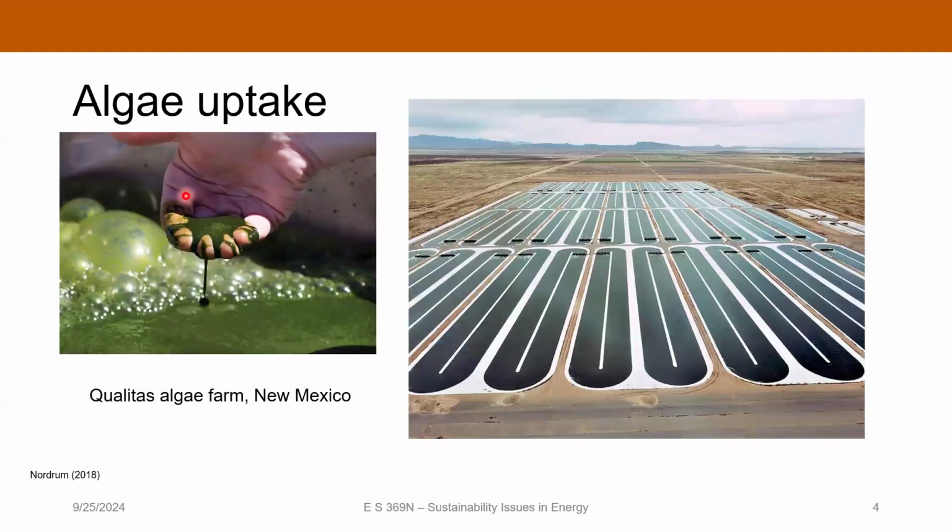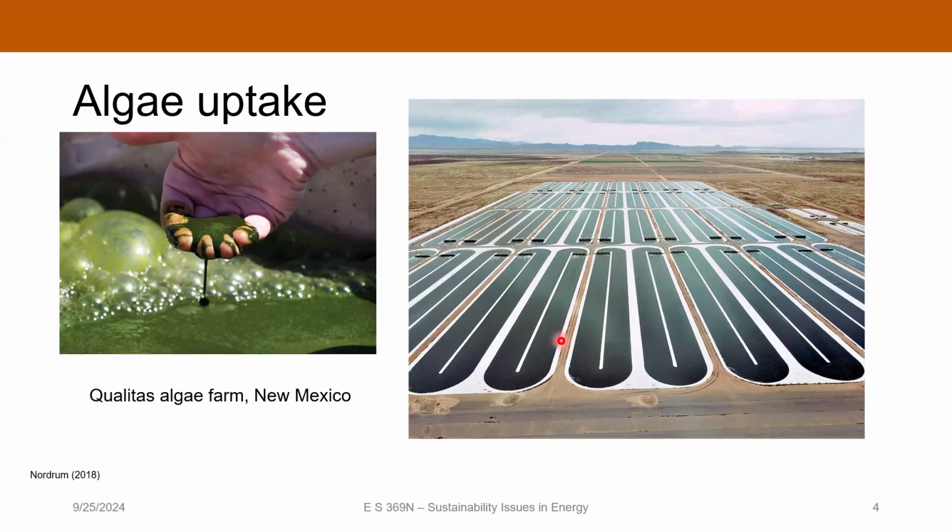It looks kind of gross, but it can be very useful. There's a company called Qualitas, which has built this algae farm in New Mexico. They've got these tanks that are filled with algae, and they're taking up CO2 from the air and converting it into other things.